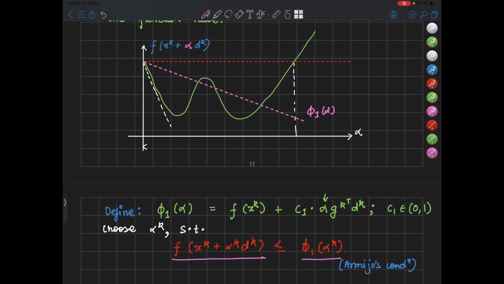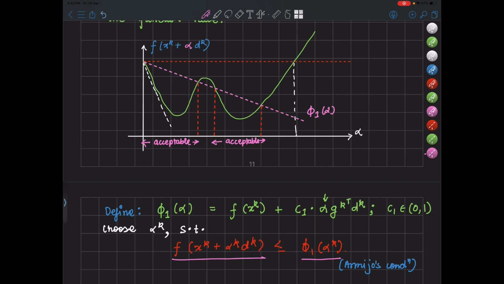So here, these two regions are acceptable places, where the function value is less than phi1(alpha).